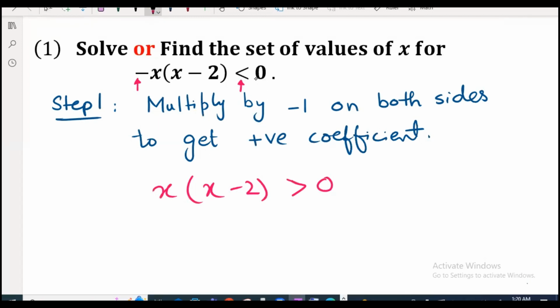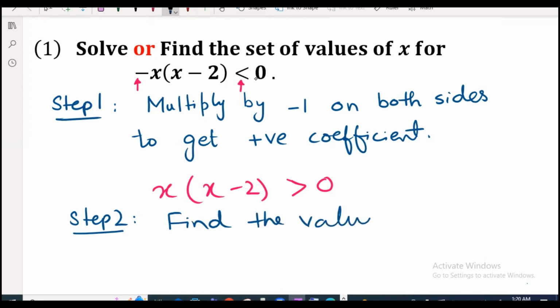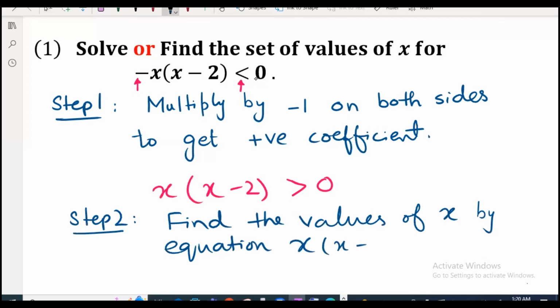Now, step number 2 is find the values of x by equating the left side of the inequality with 0.